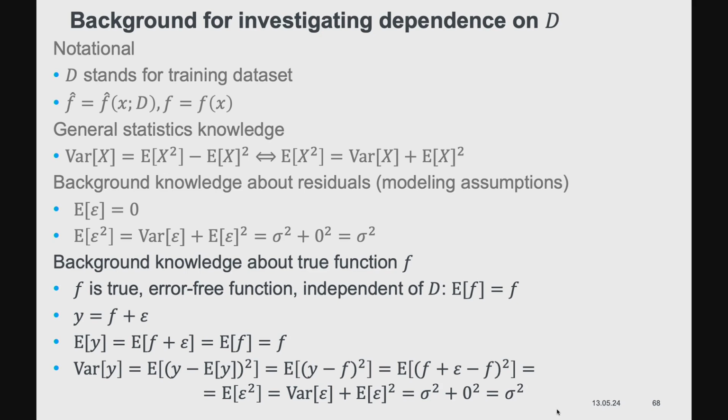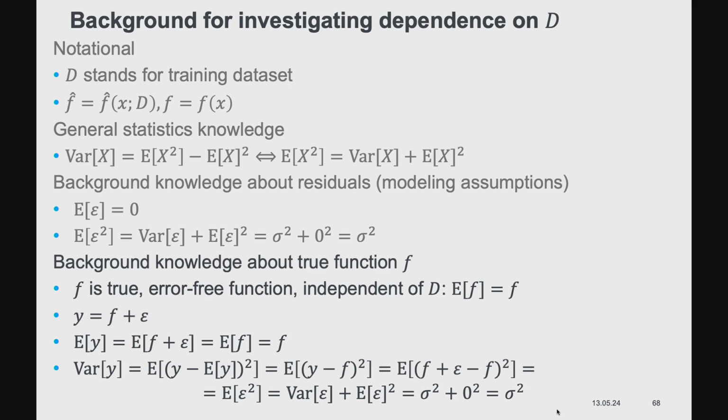And our y is our f plus our epsilon. So this is what we observe for certain data points, not for all data points. So the expected value for our y is the expected value for our f plus epsilon. And since the expected value for epsilon is 0, that's the same as the expected value for f, and so that's f. So the expected value of y is the same as f. What is the variance of y?